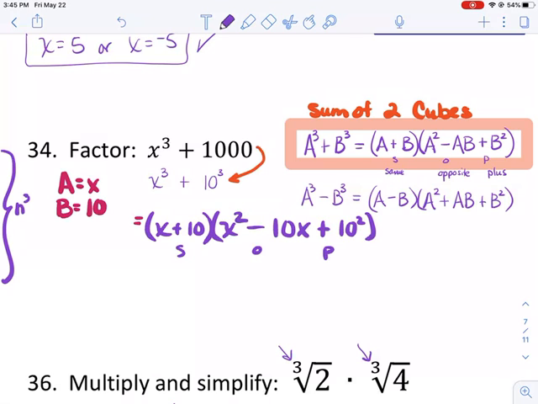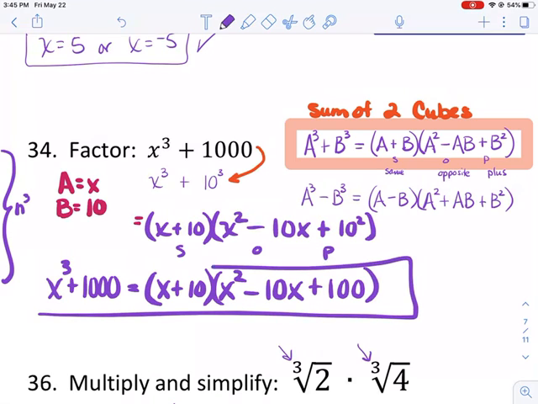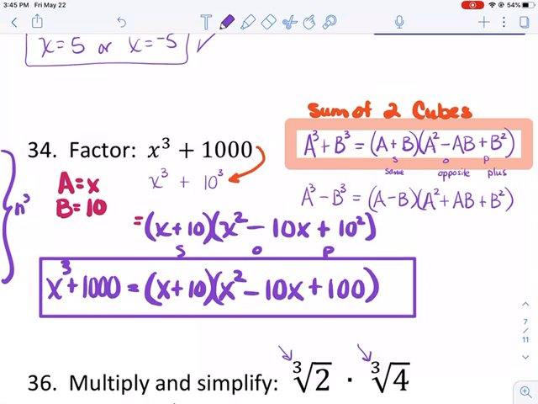And this is always plus. There's your SOP method. So x cubed plus 1,000 factors as x plus 10 times x squared minus 10x plus 100. There you have it. So that's problem 34.